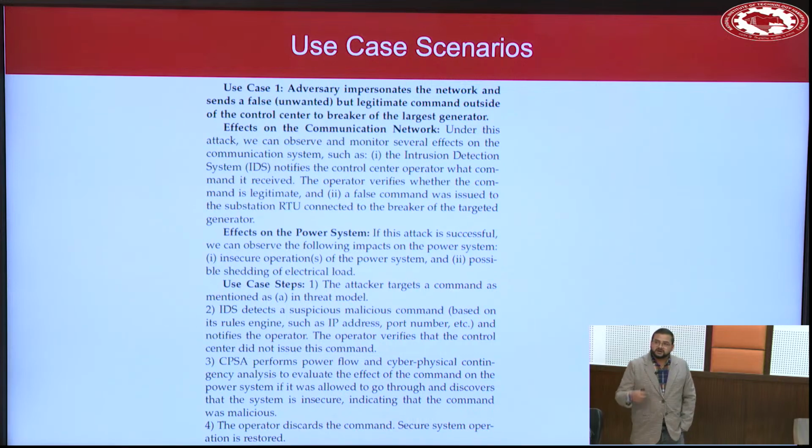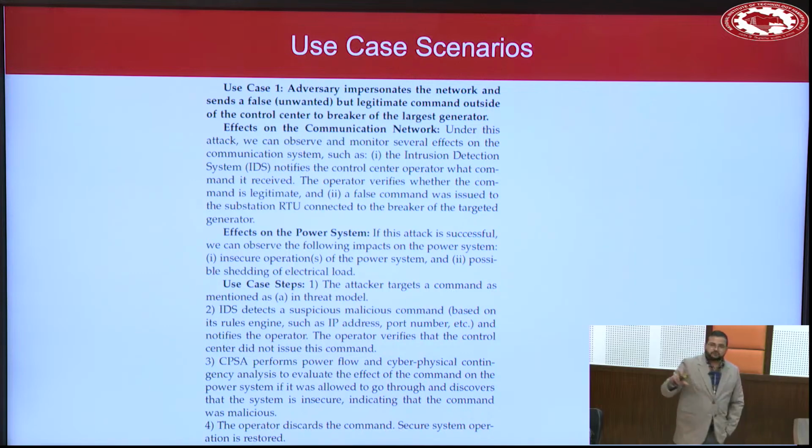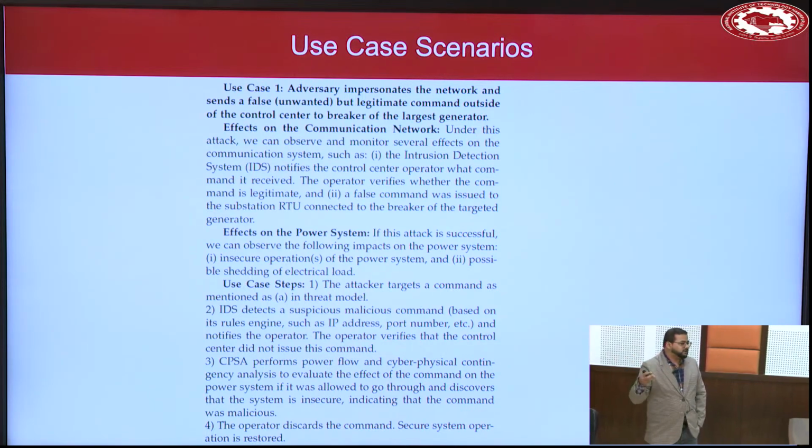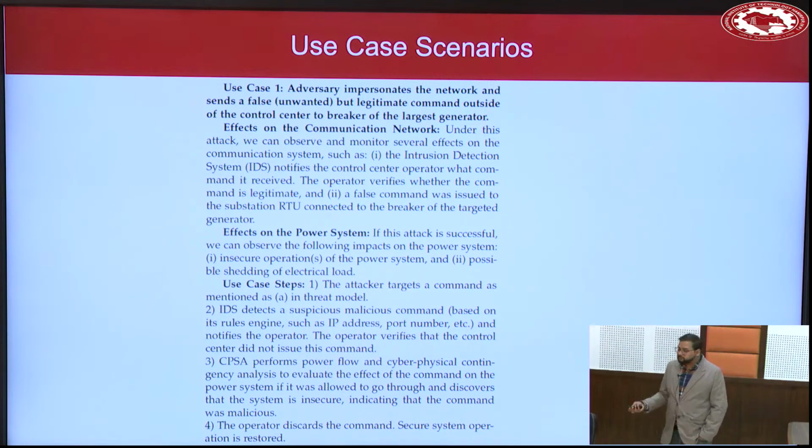So what the attacker did was get into the system and then send a legitimate command to control something. In this case, we are opening a circuit breaker of a generator, which is not a routine command. We only do this when it's required. When the system seems to be unstable or lines are overloaded, then we take certain actions to balance the system. But in this case, the intention of the attacker is to destabilize the system, right?